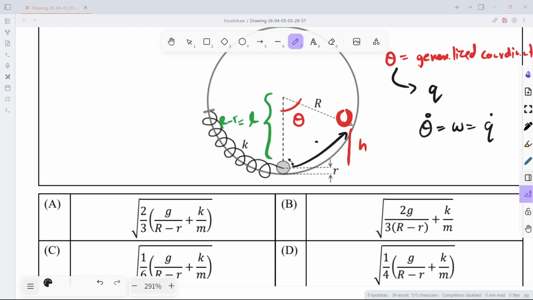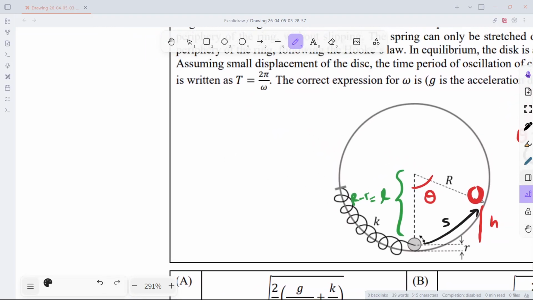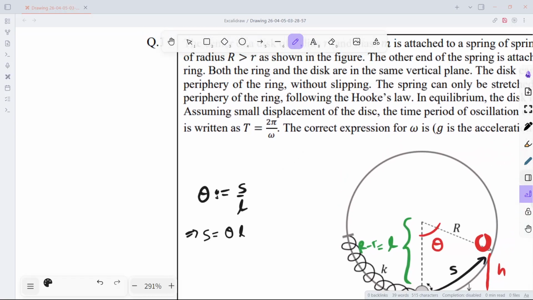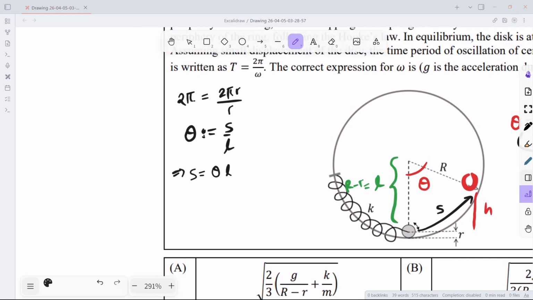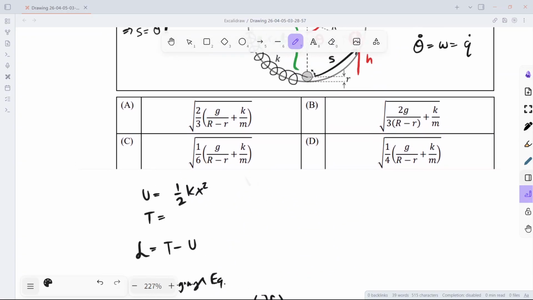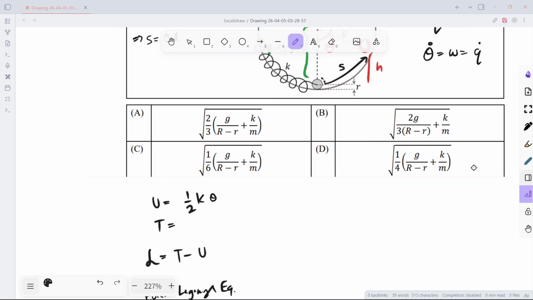Let's call this S. You would know that by definition theta is defined to be S over L. So from here, S equals theta L. By the way, this is why for 2 pi radians, there is 2 pi r distance, the circumference traveled for a radius of r. That's how you define theta. So S is theta L, and so the potential will involve theta L squared.